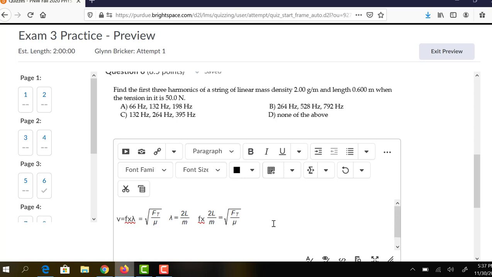So then what I get is, I'll just put it over here. The frequency is going to be m divided by 2L times the thing in the square root part.